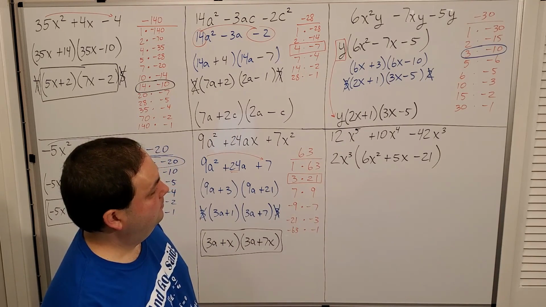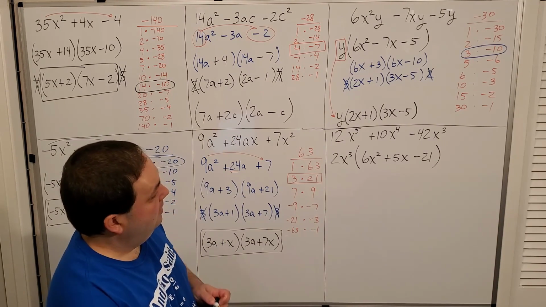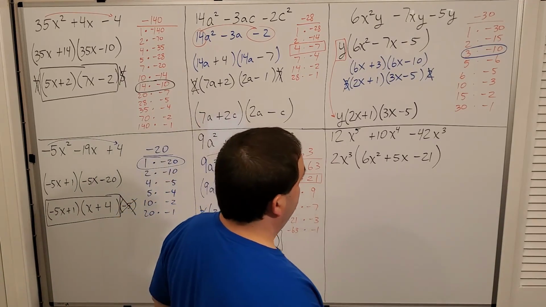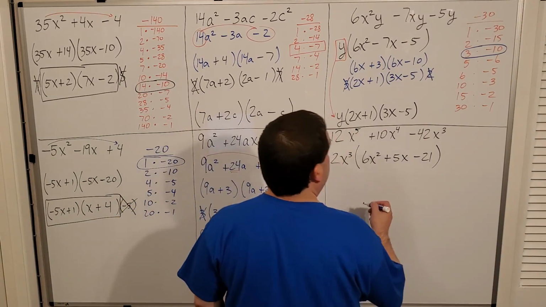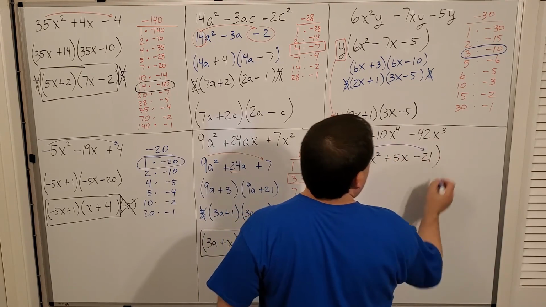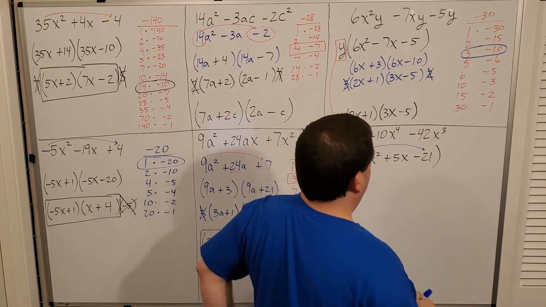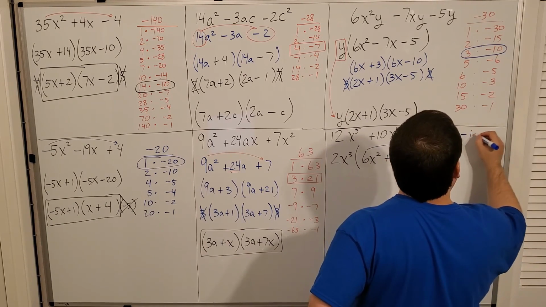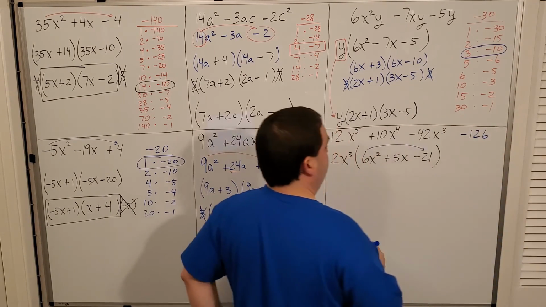Right? Okay. Now I'm going to pull the AC method. So 6 times negative 21. Right? So that's going to be negative 126.